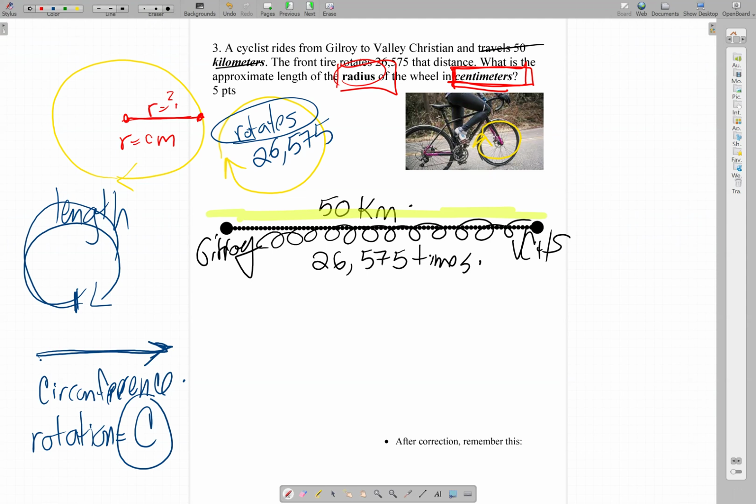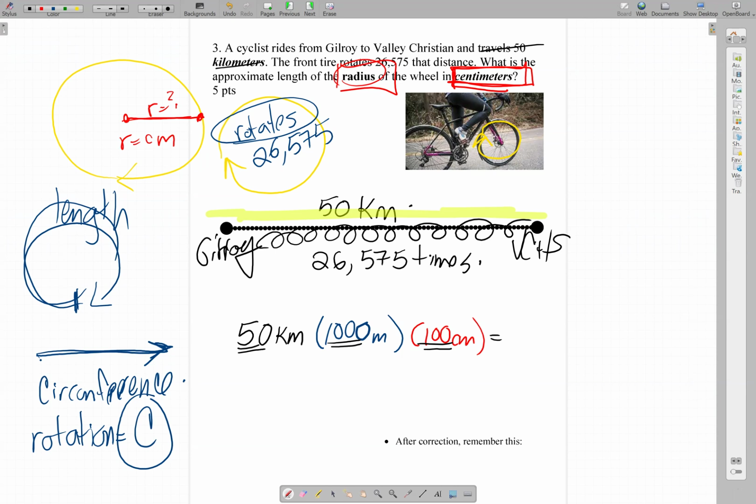These conversions you need to know. For every kilometer, there are 1,000 meters. And for every meter, there are 100 centimeters. So I'm going to get the distance from Gilroy to Valley Christian in centimeters by doing 50 times 1,000 times 100.